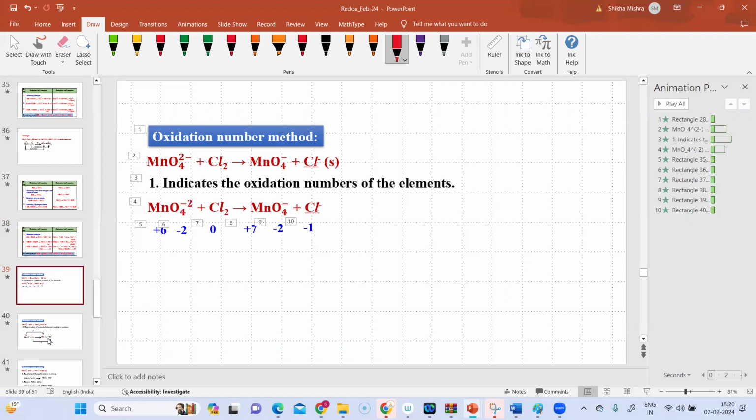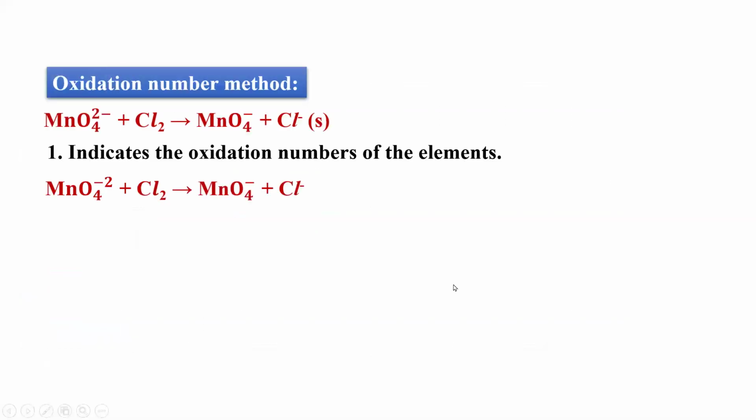So first of all, you have to write the oxidation number. The only reason for us not being able to understand it fully is that we are not too sure about how to get the oxidation number. MnO4 2-, I think now you can find it out. MnO4- also, Cl- also. You have to write the oxidation number of each one of them, and then you can mark which element is undergoing the change.